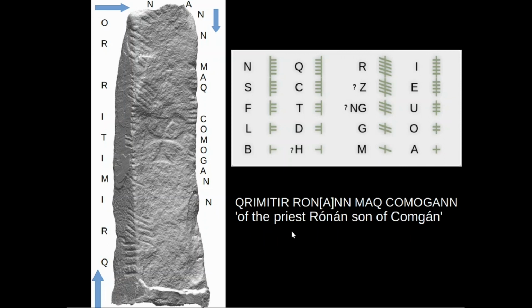In the case of this particular inscription, which reads of the priest Ronan, son of Culfgaun, the first word here is the primitive Irish word for priest, cruimthir, which later becomes cruimthir.